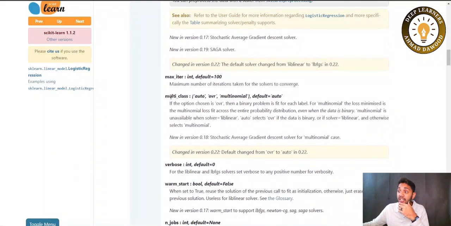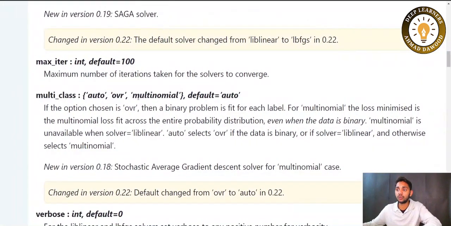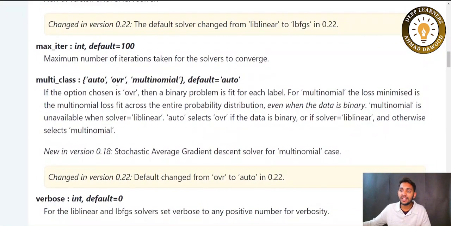Yeah, multi-class. If we are dealing with the multi-class case, there can be two schemes that we can use. One is OVR and one is multinomial. OVR we usually call one versus rest, and multinomial is also named multinomial.